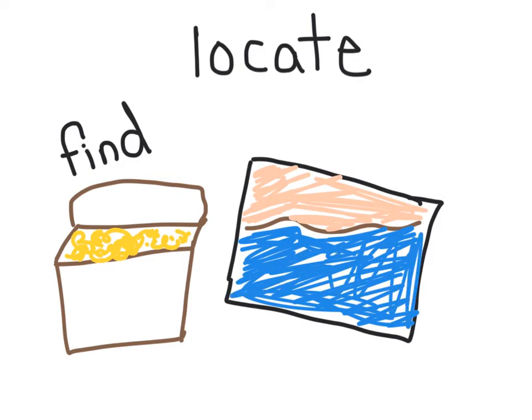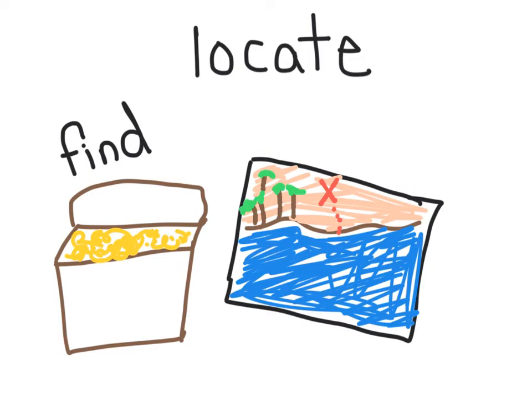For example, they might be looking for a set of palm trees that grow on one side of the beach. They may use those palm trees to remind themselves, okay, we're looking for these palm trees to help us locate the treasure. And then they put an X to mark the spot of where you need to go to find the treasure. That's to help them locate or find the treasure.